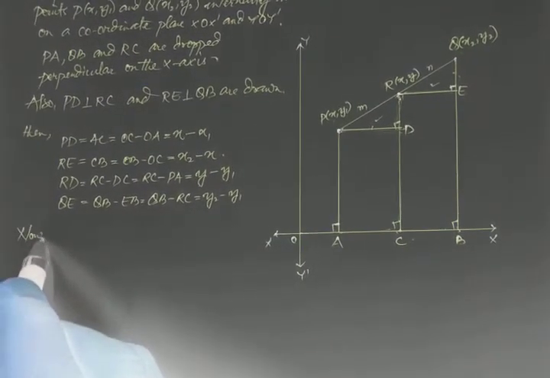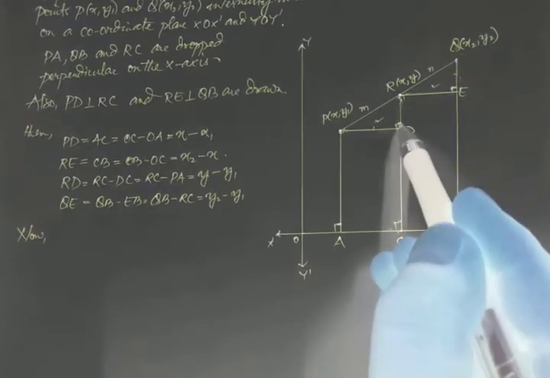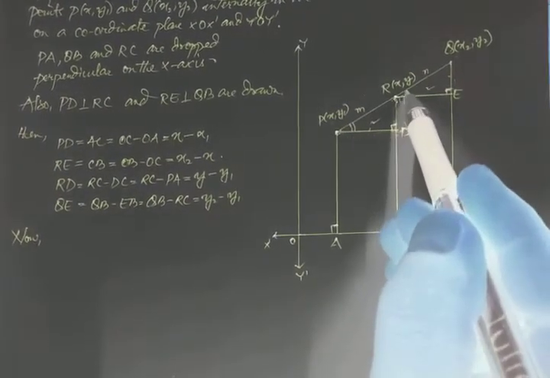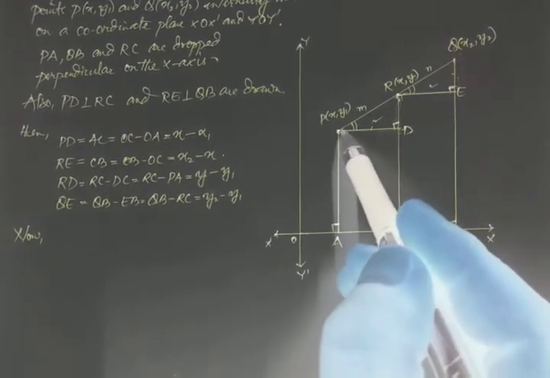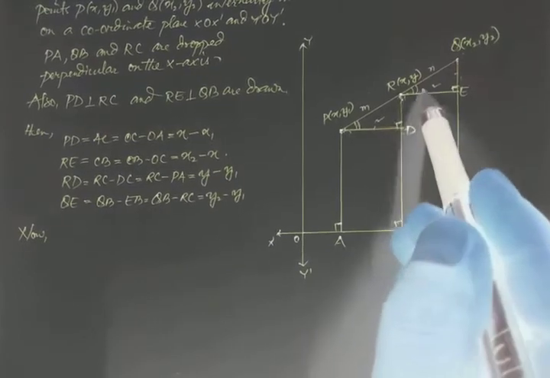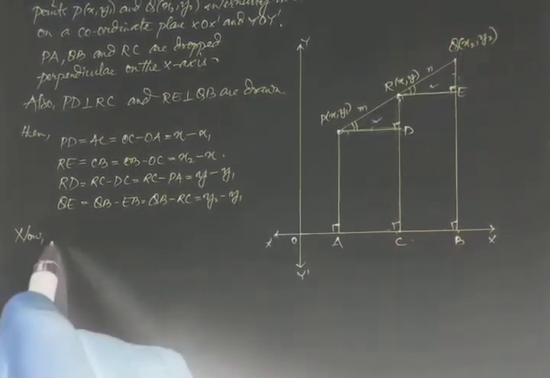Now comparing these two triangles, these two angles are equal, 90 degrees each, and these two angles are also equal because these two lines RE and PD are parallel, they are corresponding angles. Therefore by AA similarity, these two triangles are similar.